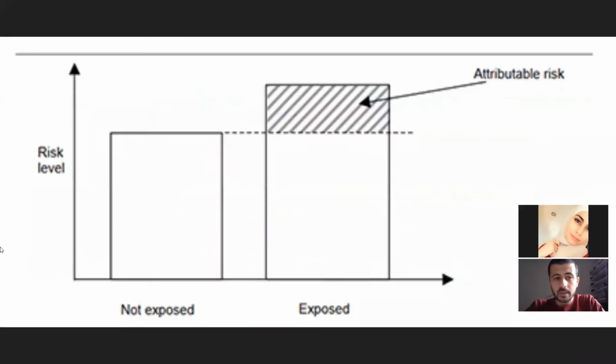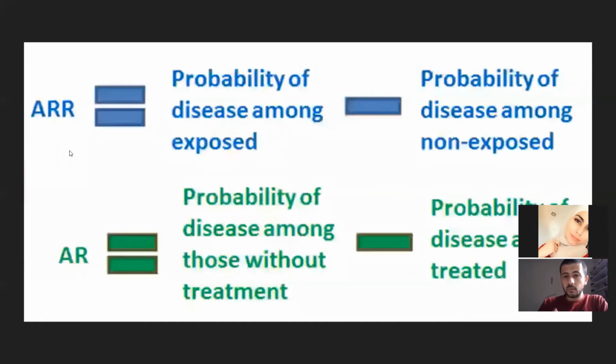If the outcome is a risk or something harmful, and I'm telling you people are smoking, or people are drinking a lot of alcohol, or they are not exercising, then I have a higher risk, a negative outcome, then it should be the attributable risk.